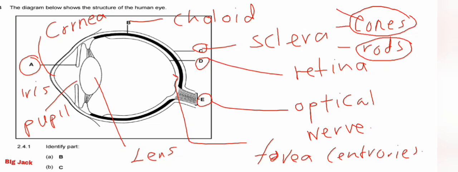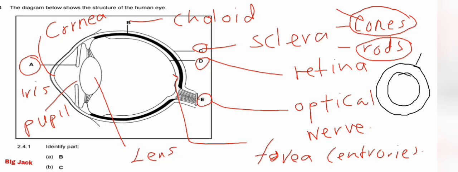Now, the iris has two muscles. Let me draw this. It has what we call the circular muscles, which I'm drawing here. Suppose we have two circular muscles here. Then we also have what we call the radial muscles, which are like this. So this one is the iris. The space you can see here is called the pupil.